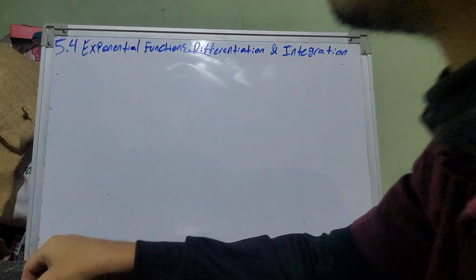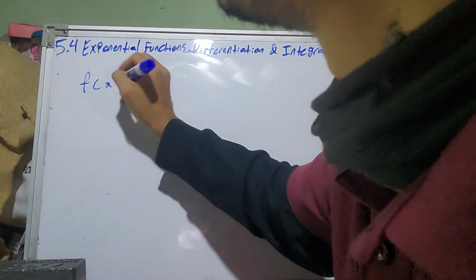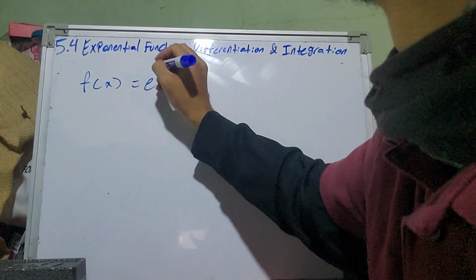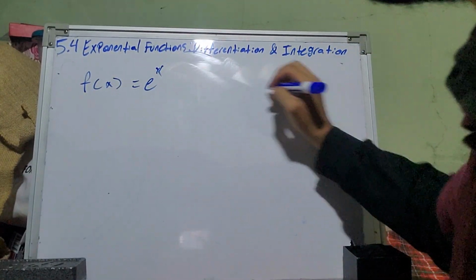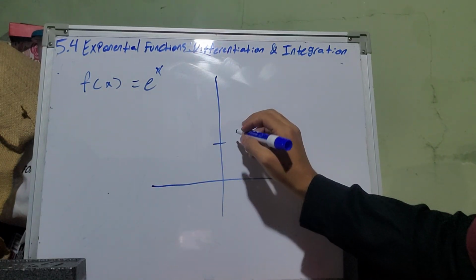As we showed earlier, the graph of the function e to the x is presented as follows.